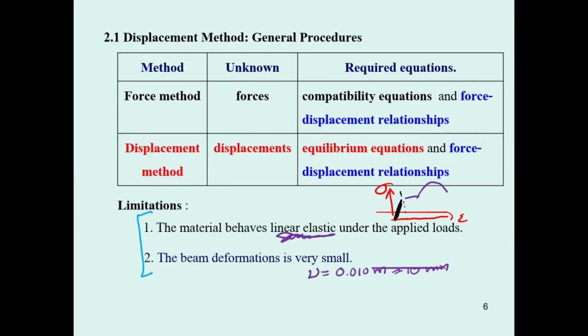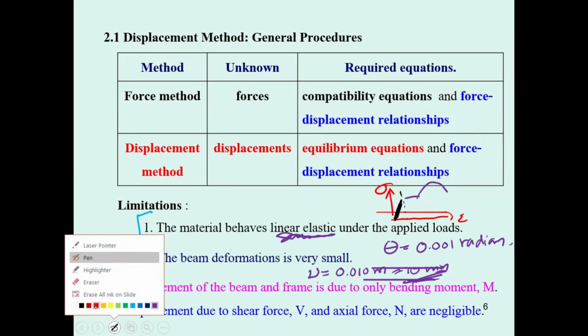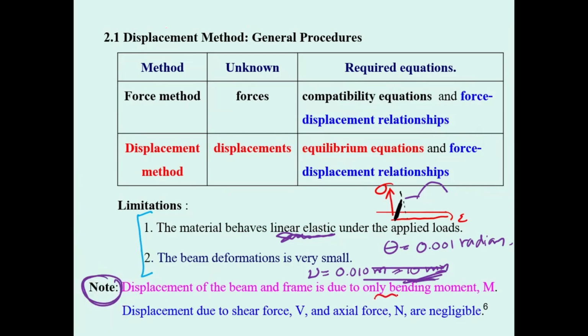Okay, it's going to be small, like 20 or 10 millimeter. If we're talking about the slope, it's going to be something like 0.001 radian. Okay, it's not 0.1 radian. That's too big. Okay, now another important thing. Ajahn always mentions that when you draw the elastic curve, you only draw it based on the bending moment diagram.